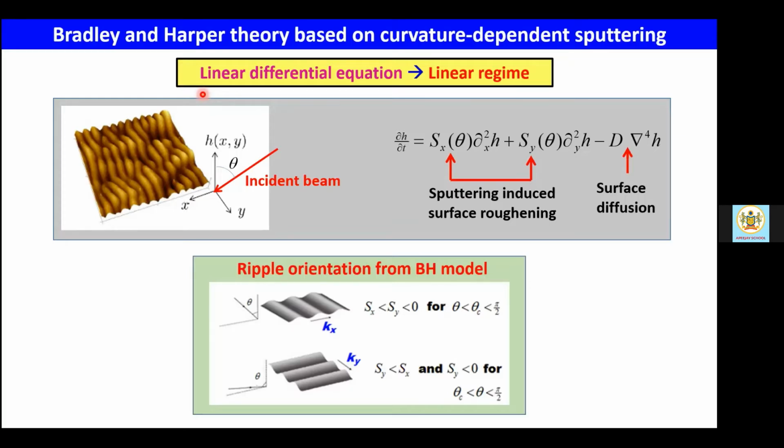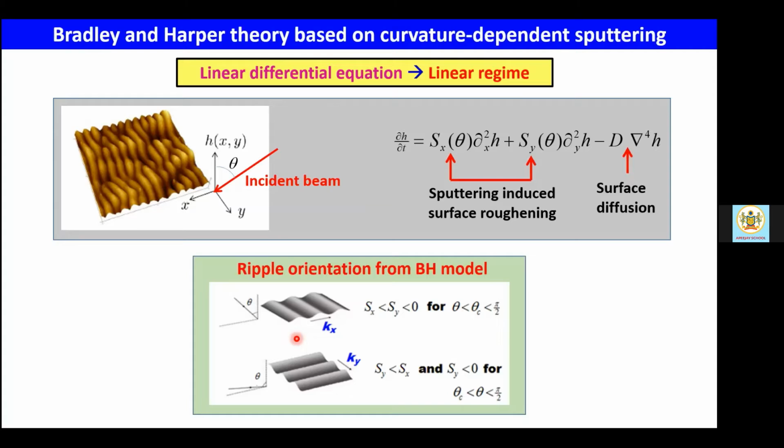Another important thing I was telling again and again is the parallel mode ripples and perpendicular mode ripples, where in one case the direction of the ripple wave vector is parallel, and in the other case perpendicular, to the incident angular direction.